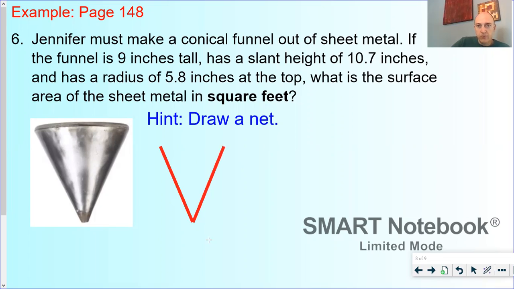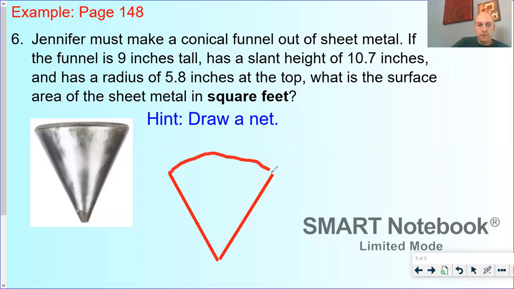Basically when you've got this funnel, if you were to unwrap it, you would have this sort of rounded pie wedge thing. Now the question is, do I need to also put a circle on here?